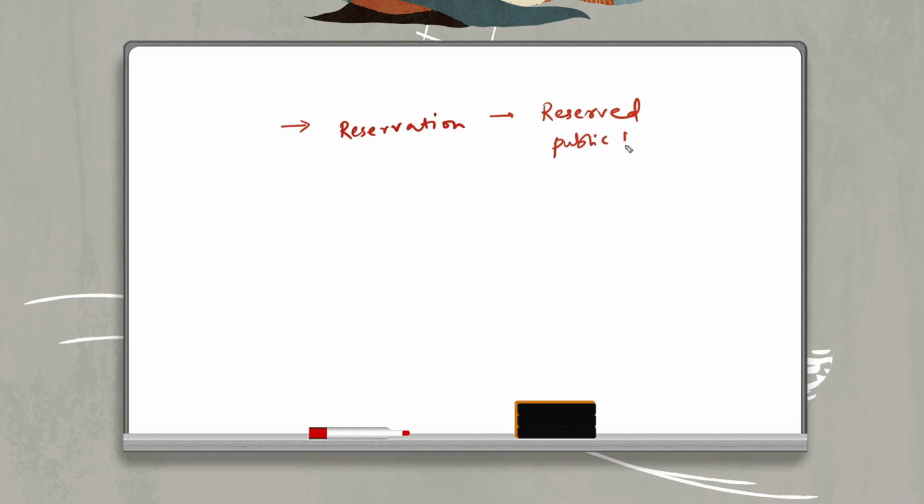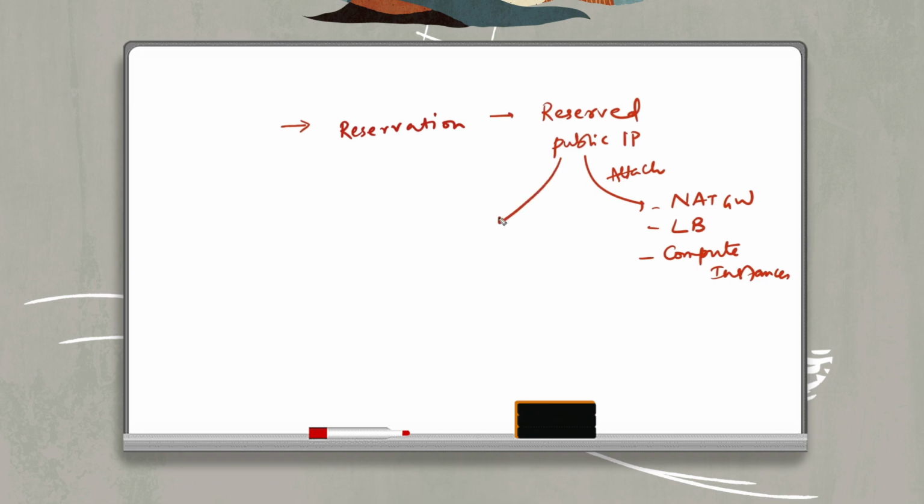And what will you do with this reserved public IP? You can attach it to your resources, like a NAT gateway, a load balancer, or compute instances.